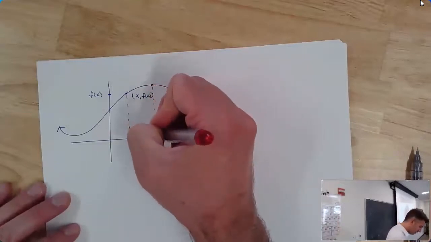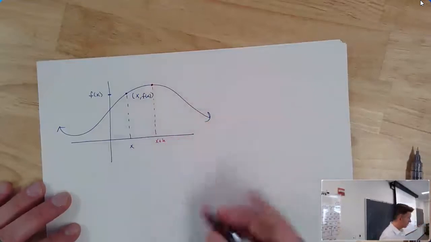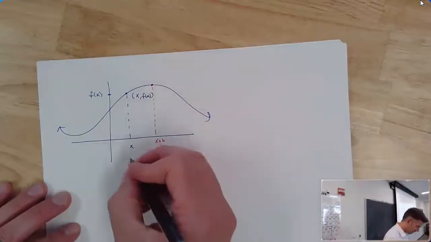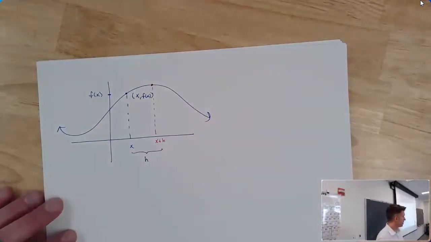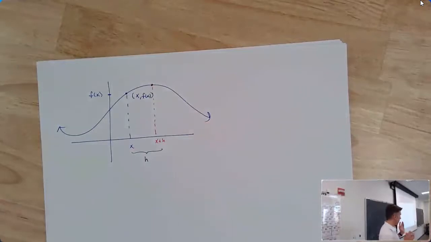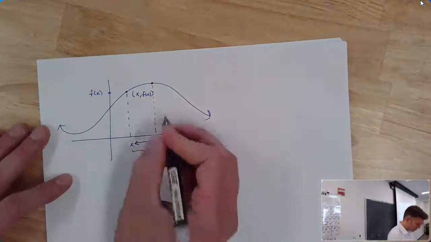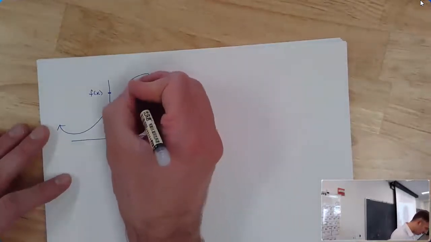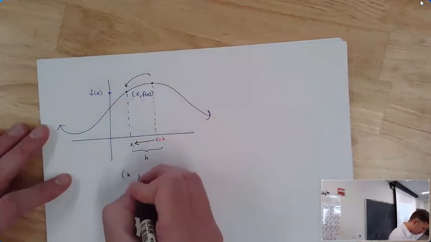I'm going to add on h. So this distance between x and x plus h is just h. Notably, if h gets smaller, x plus h is going to get closer to x. So as this point moves towards that point over there, h is going to approach 0.